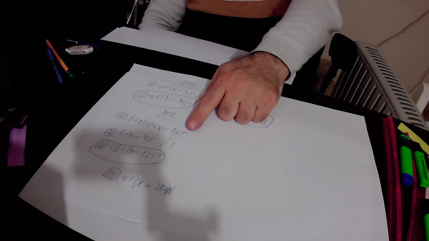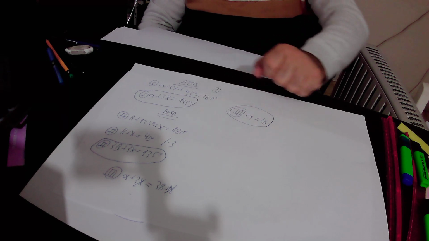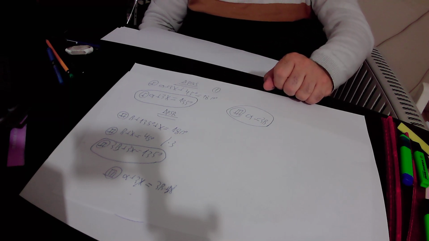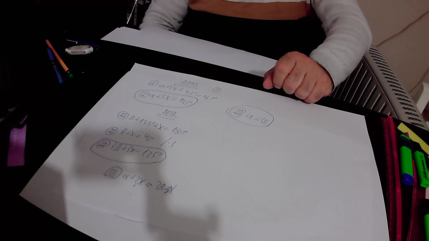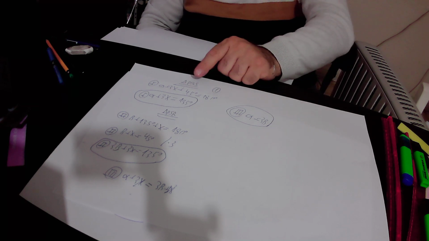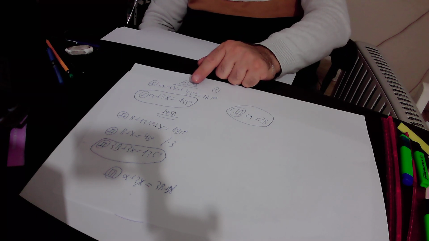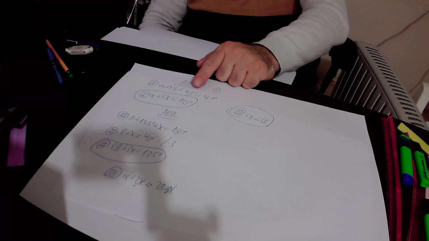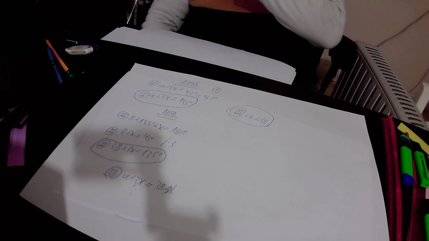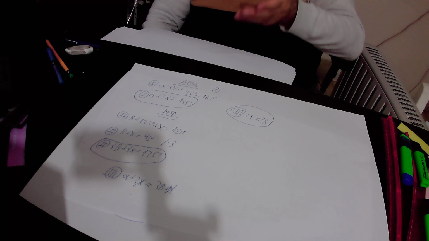We multiplied the equation number 2 by 3 and we got that 3 beta plus 3x equals 135 degrees. And according to equation number 1, alpha plus 3x also equals 135 degrees.